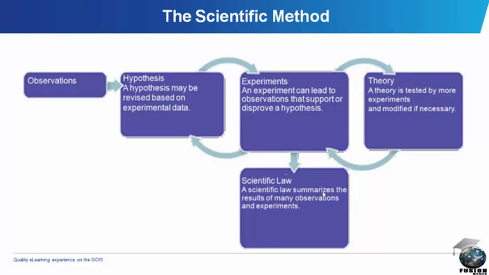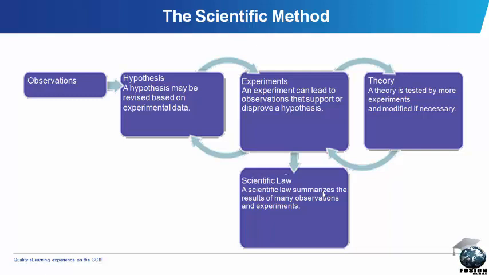Now, this diagram shows how we go about our scientific process. Of course, observation is always the first thing. Observation leads to hypothesis. The hypothesis makes us do some experiments. After experiments, you may need to go back and get new hypotheses because of new observations noticed during the experimentation, or you may proceed to theory.